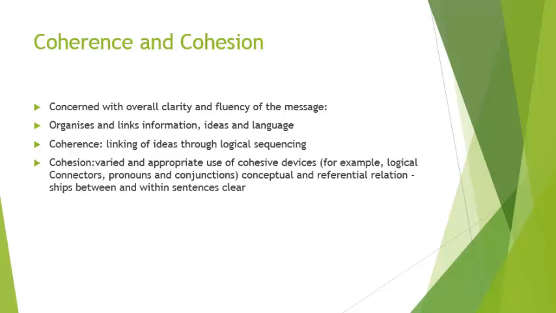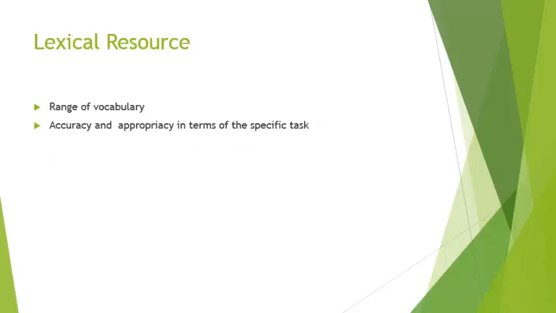So the criterion of lexical resource refers to two things: the range of your vocabulary, which means how many different types of words do you use in your writing, and then the accuracy and appropriacy in terms of the specific task that you're writing. Accuracy is to do with, do you spell the words correctly?